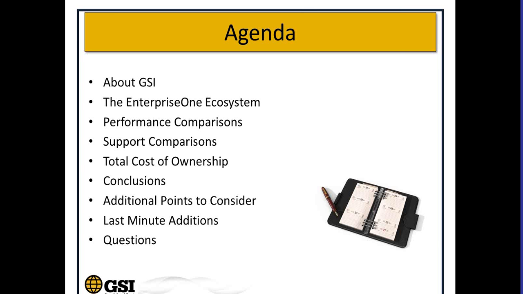And then a couple of last-minute additions, really just some newer architectures that show that J.D. Edwards performance has increased significantly since some of these tests were first put together. And then try to answer any questions that you might have.